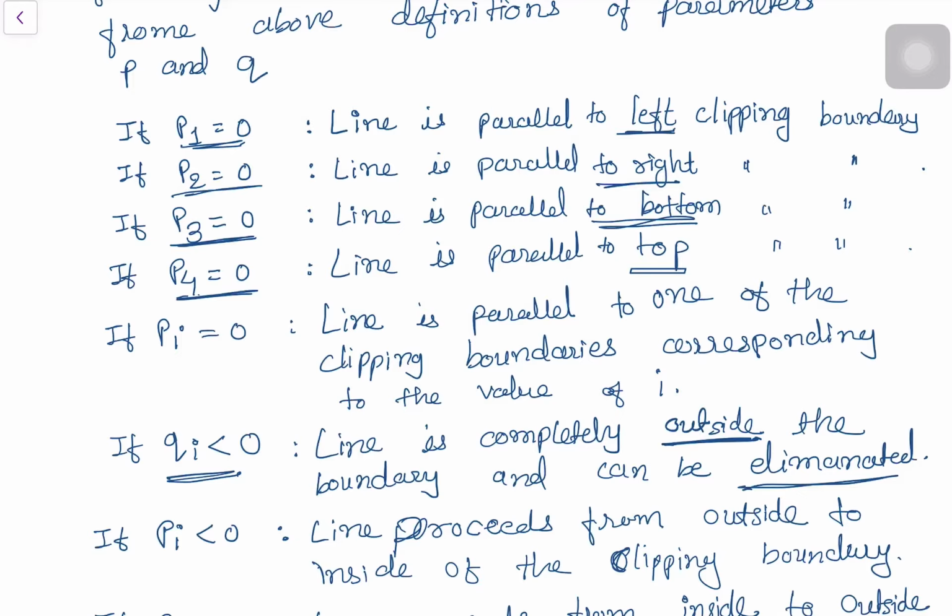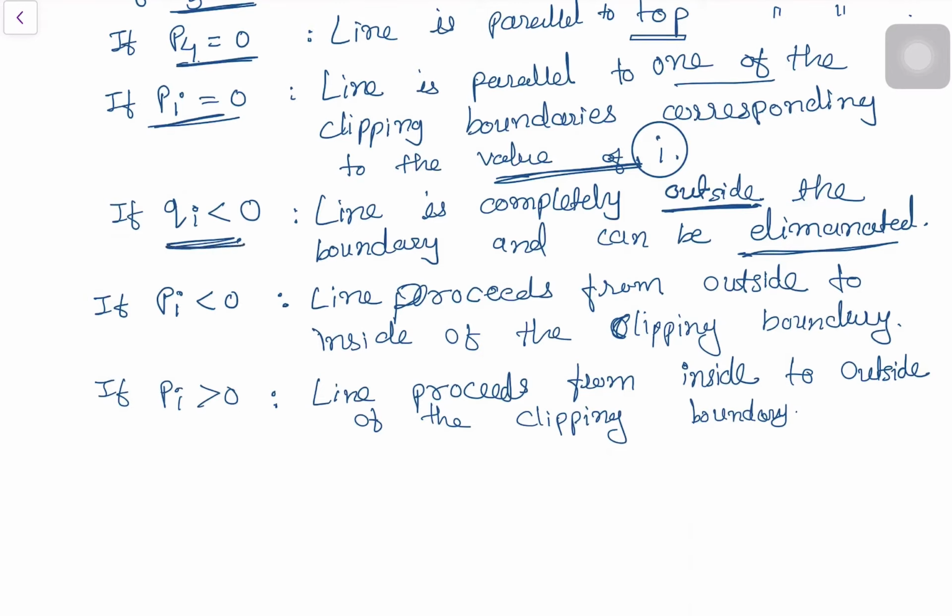And pi equal to 0 means the line is parallel to one of the clipping boundaries corresponding to the value of i. If qi is less than 0, the line is completely outside and we can eliminate it. If pi is less than 0, the line proceeds from outside to inside, right? And if pi is greater than 0, the line proceeds from inside to outside, right?